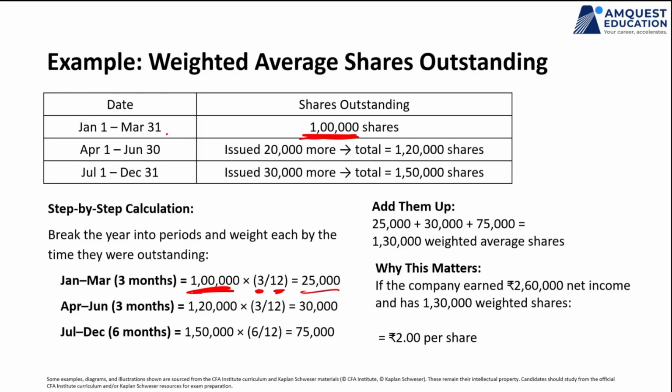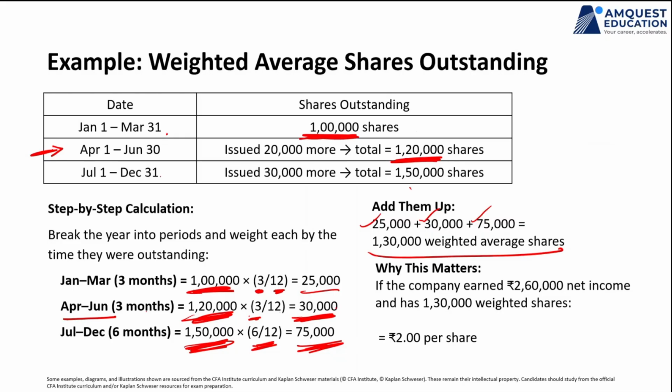Then 120,000 shares were outstanding for an additional 3 months, between April and June, so the weighted average is 3 by 12, 30,000. But for the last 6 months, July 1 to December 31, 150,000 shares were there times 6 by 12, 75,000. So if you add 25,000, 30,000, and 75,000, your total weighted average shares are 130,000.